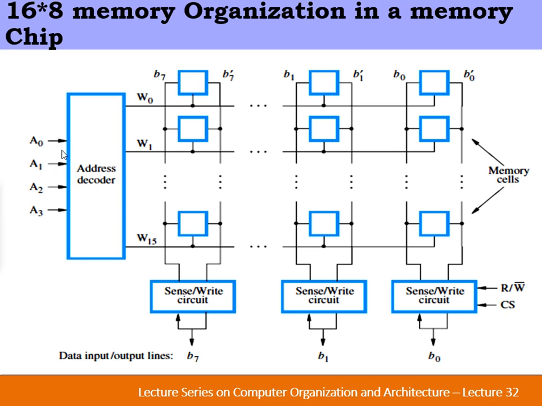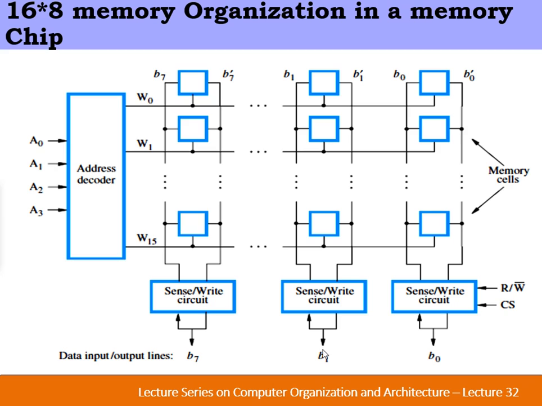Along with this address information, we have a total of 8 data lines, that is B0 to B7. Why? Because the memory chip organization is 16 into 8, so we need to extract 8 bits of information or store 8 bits of information.